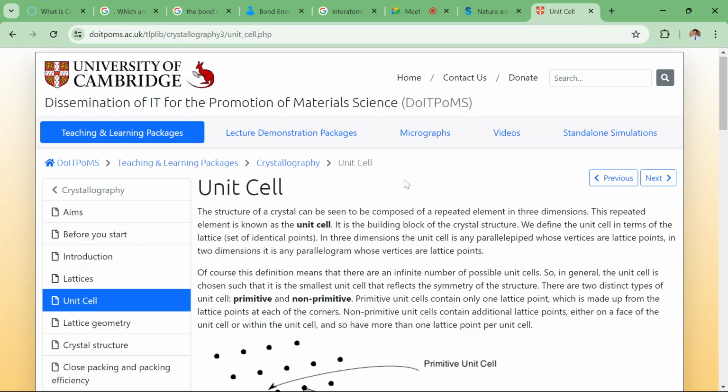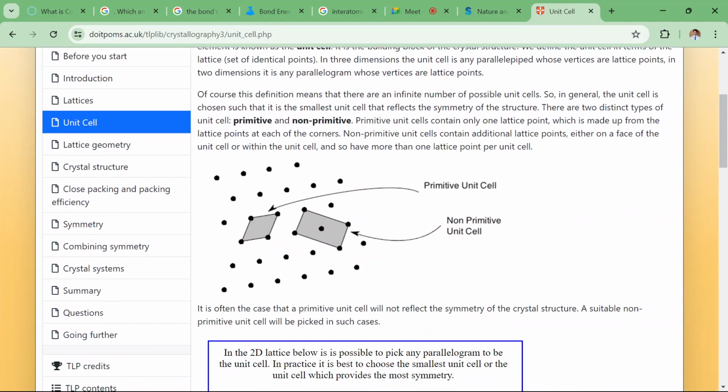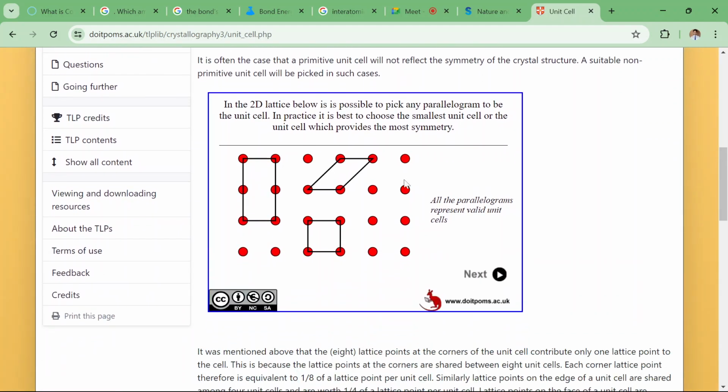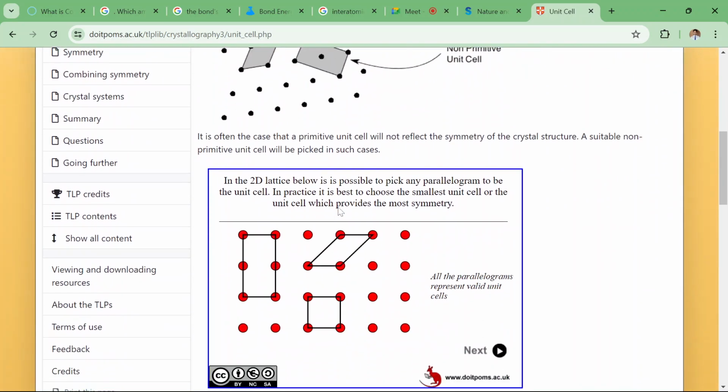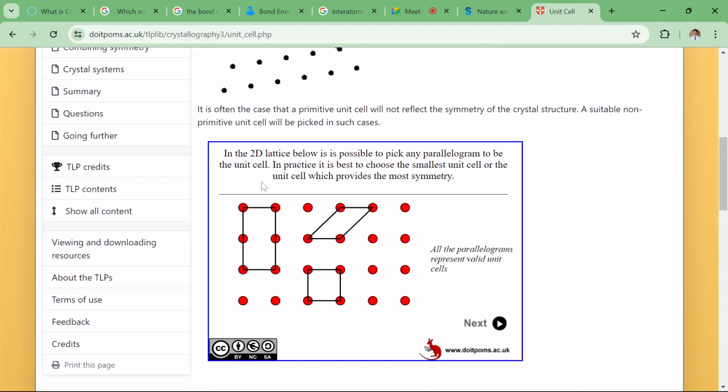It is the definition of the lattice, and this is for 1D, 2D, and 3D. In the 2D lattice below, you can see these are all parallelogram repeat unit cells. The square is chosen as the unit cell because it is the smallest and provides the most symmetry.